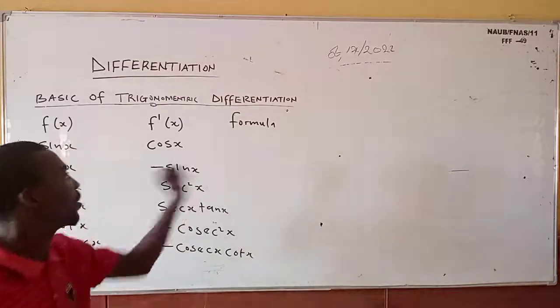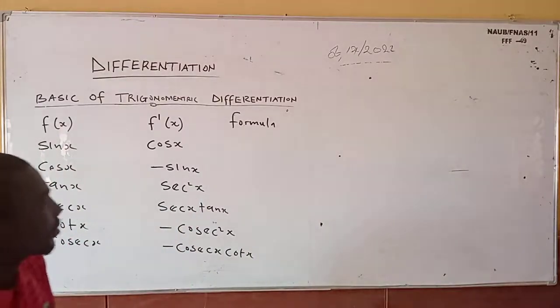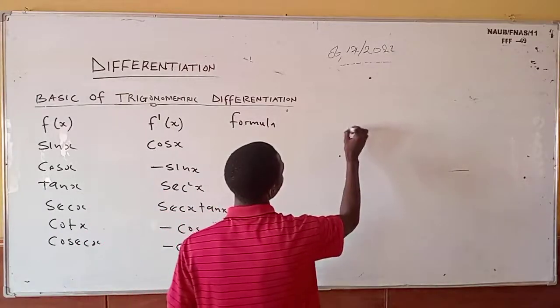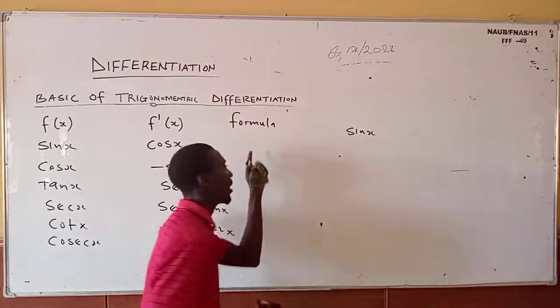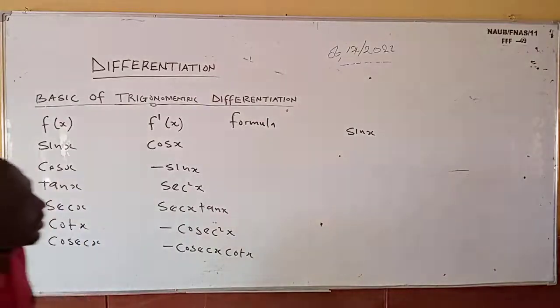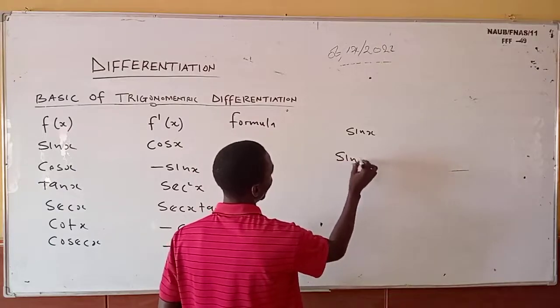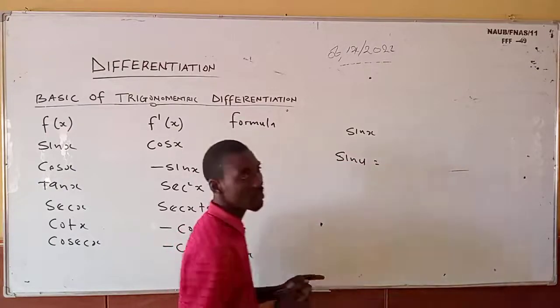Now, the formula. What is the essence of this formula that is here? Now, look at this. Sine s, right? Now, this formula I'm going to be writing in terms of u. Let's assume we have sine u. This is the formula.